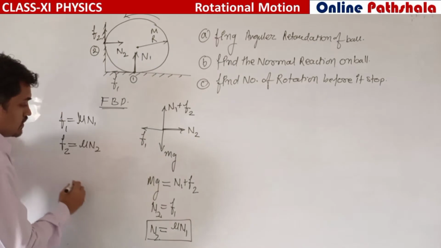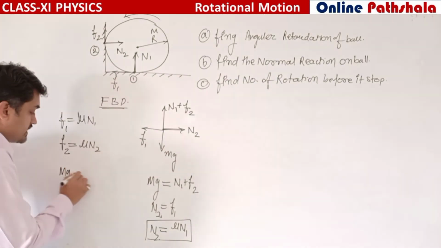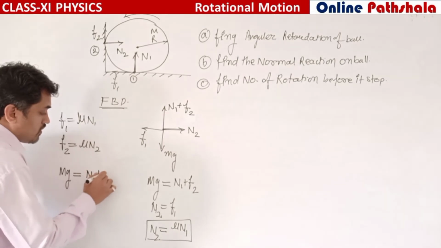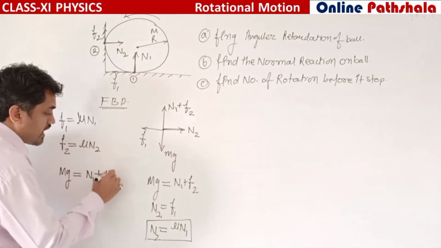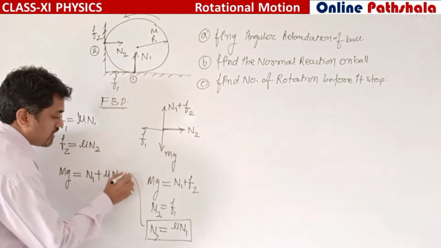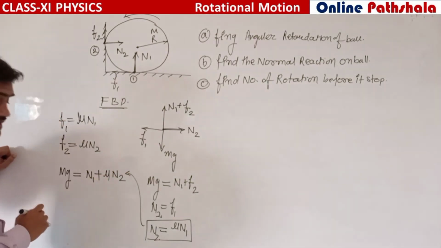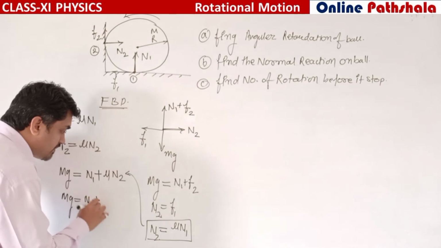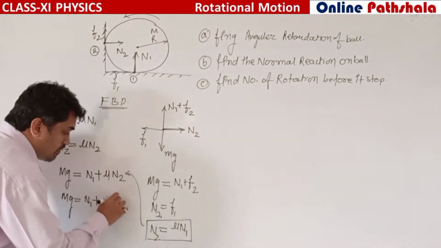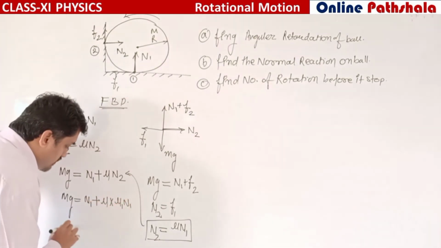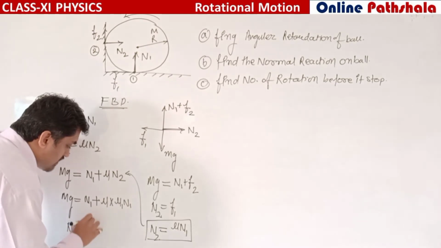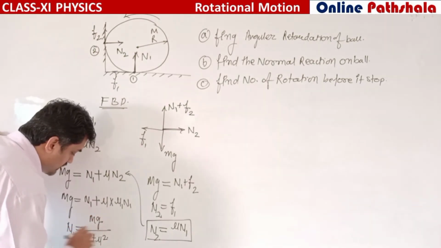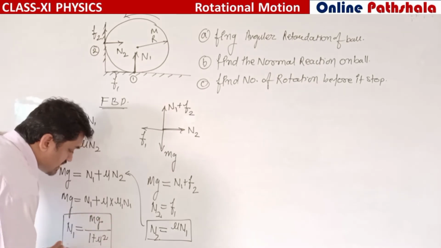So mg is equal to N1 plus mu times N2. Now I am putting the value of N2 in this equation. So mg is equal to N1 plus mu square times N1. From here we find N1 is equal to mg divided by 1 plus mu square. This is the normal reaction N1.